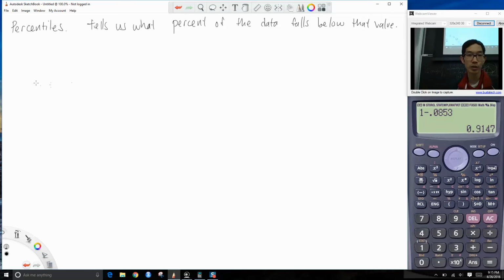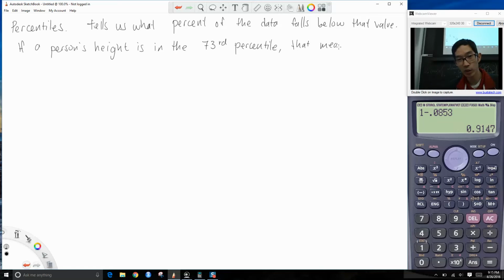Okay, so for example, if a person's height is in the 73rd percentile, okay, that means 73% of people have heights lower than this person's height.